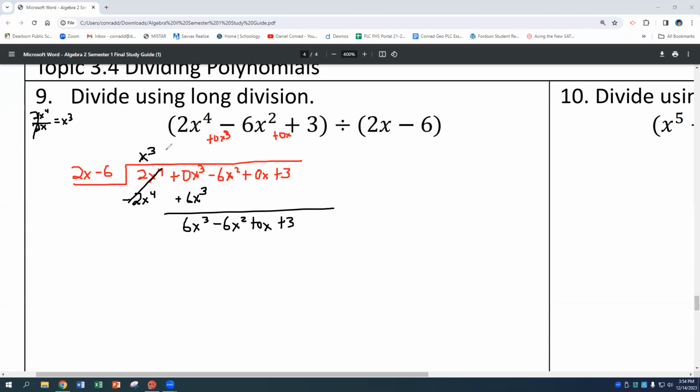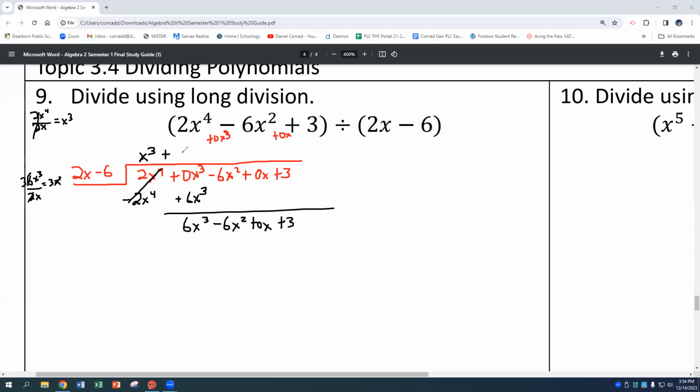Again, if you don't know what to do, we can divide it. So 6x to the third divided by 2x is going to give me 3, and then you're going to be left with x squared, because x to the third divided by x is x squared.